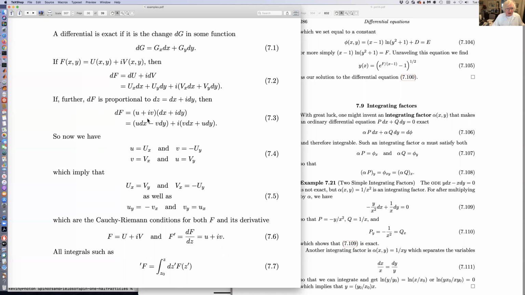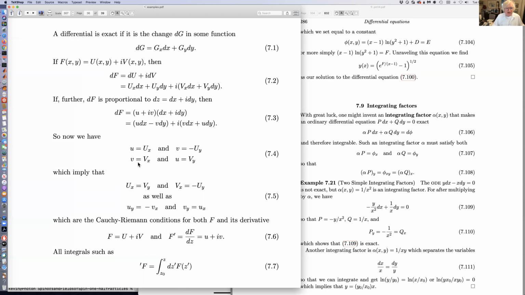So now if we compare these two expressions, what we have is that u here, which is the real part of the coefficient of dx, well, that's ux, and then v is the dy part, but the real part, so that's minus uy.